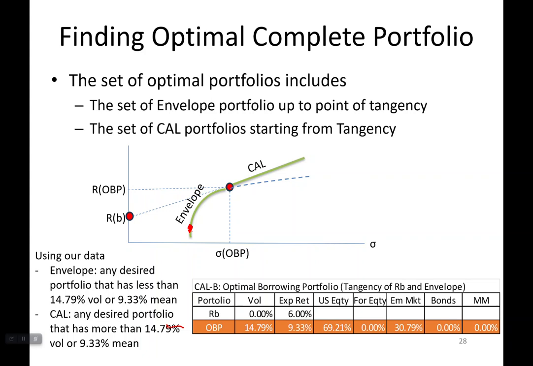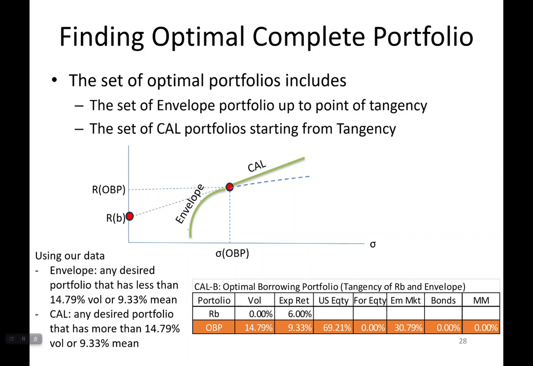In practice, you would just substitute money market, which would give you just a very low level of return and very low volatility. So that's why I'm not showing you this other capital allocation line. However, in the real world, you can borrow at RB, and in theory, you could create these optimal portfolios. Okay, so I just wanted to get that out there.